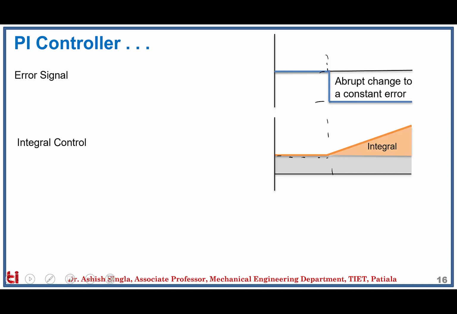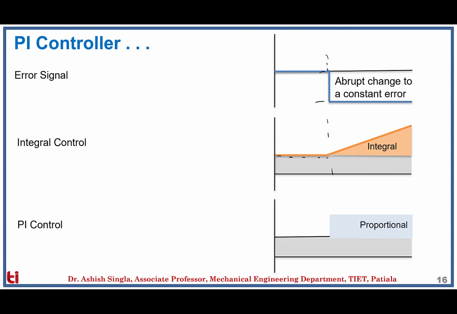And finally, the output from the PI control for this kind of error signal will be like this, where there is a constant jump from the proportional control, and there is an increasing output from the integral control. So this is the net effect of using the PI controller.